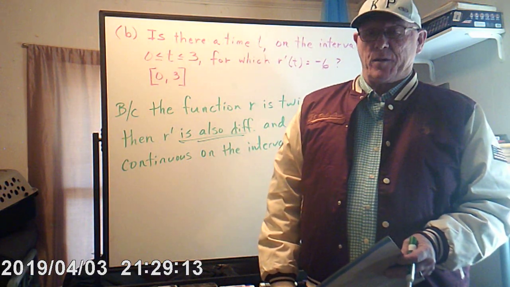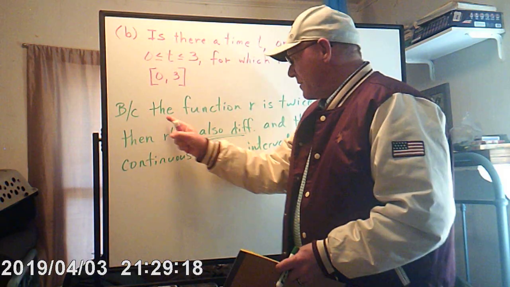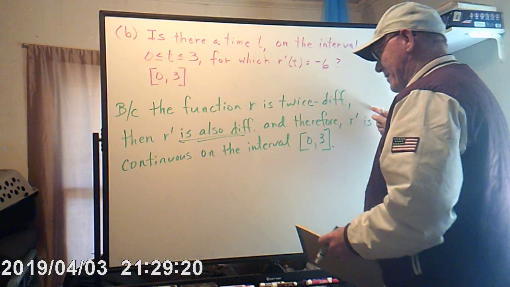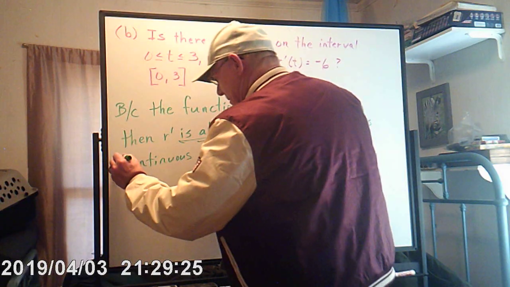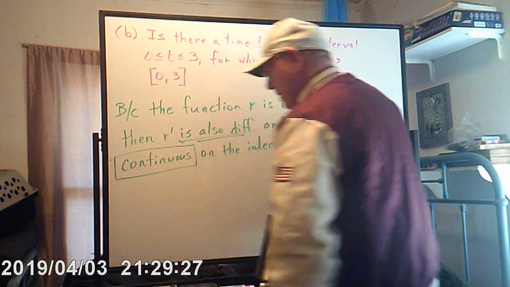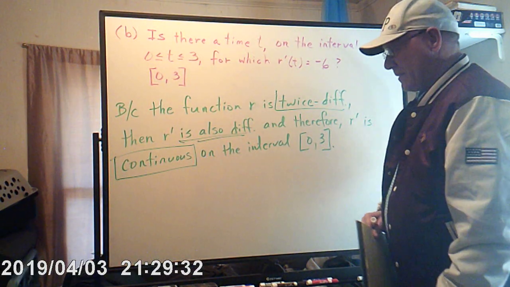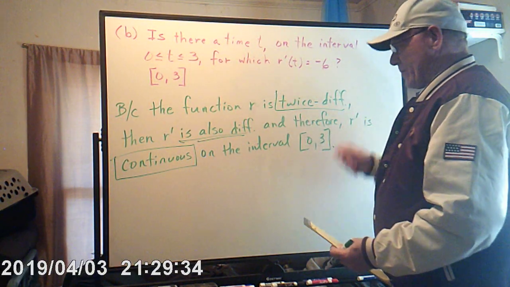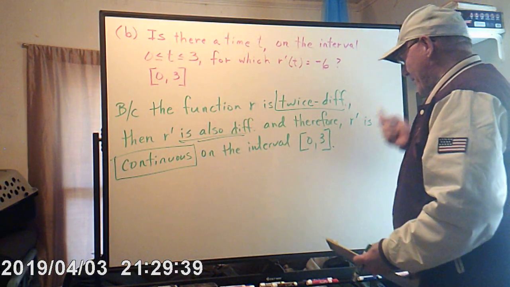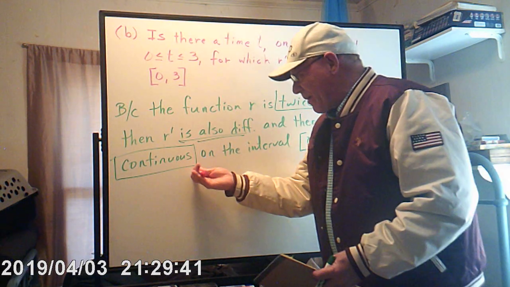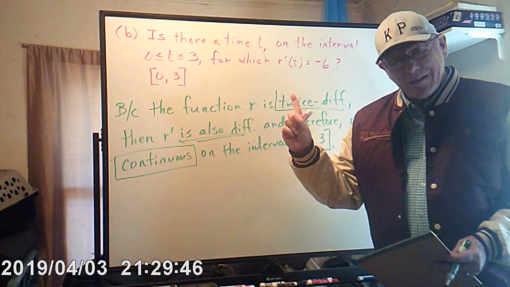If you put down IVT somewhere, you might get a point for that, but you do need to say why it's IVT. You have to get into this word right here, and the key again, twice differentiable. R is twice differentiable, which means that r prime is also differentiable, and therefore r prime is continuous on this interval.